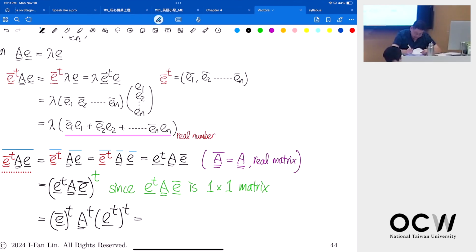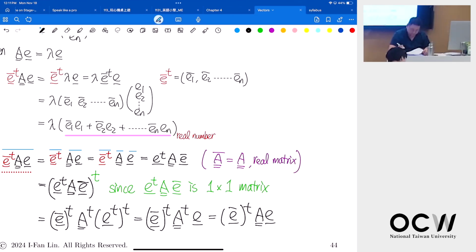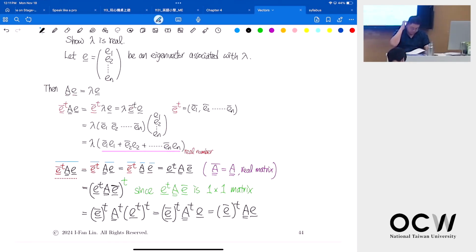So it is E conjugate transpose A transpose E. And A is a symmetric matrix, so A transpose is A, giving E conjugate transpose A E. All right, done.